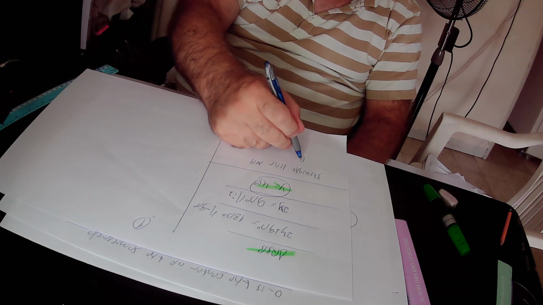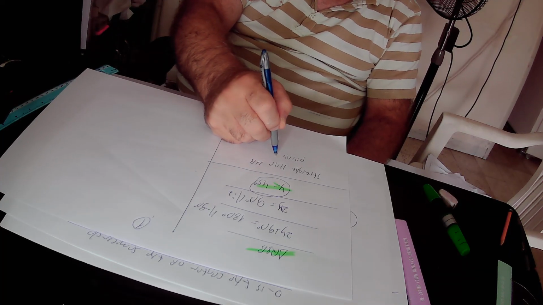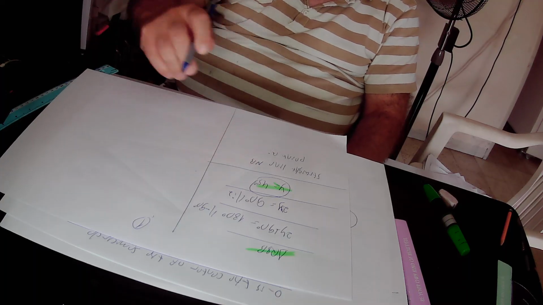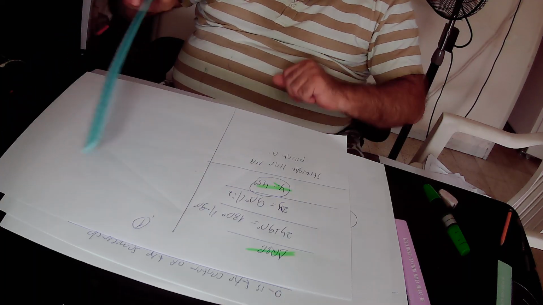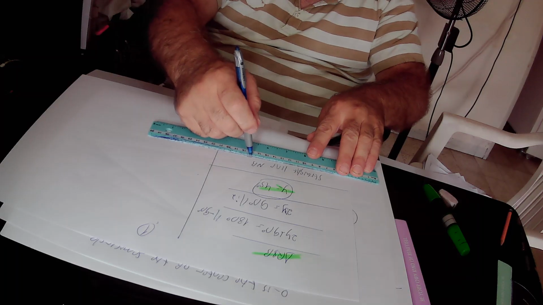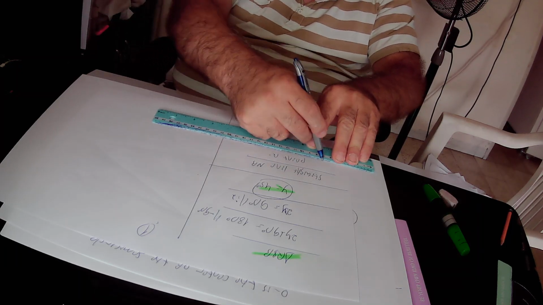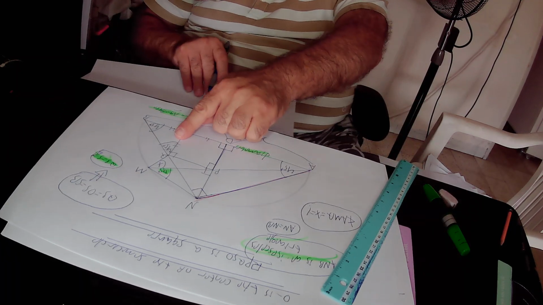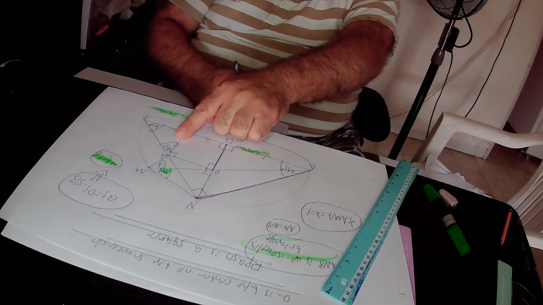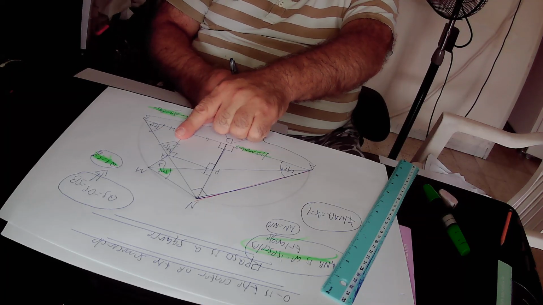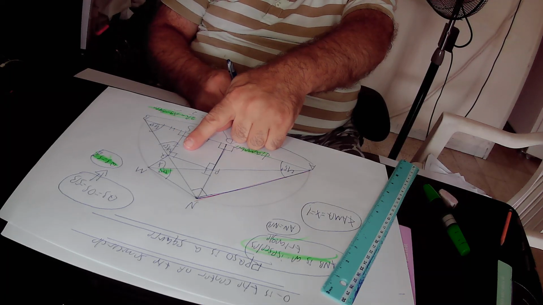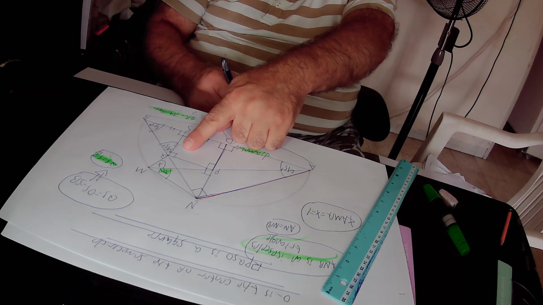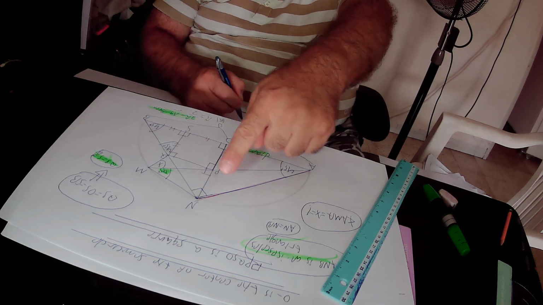So now, on the left side of the straight line NB at point Q, the sum of the angles must be equal to 180 degrees according to rule 3. Which angles do we have? We have this angle that is equal to 45 degrees in its size, plus this angle that is equal to 90 degrees, plus the missing angle NQP.